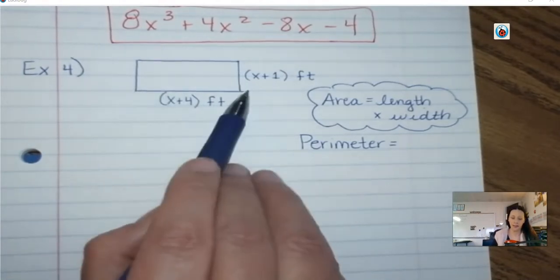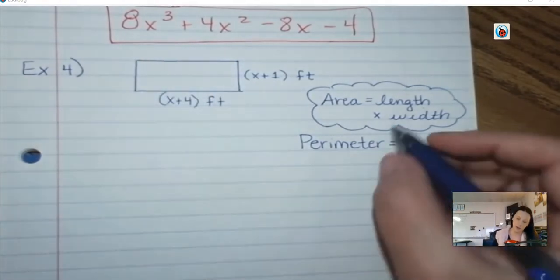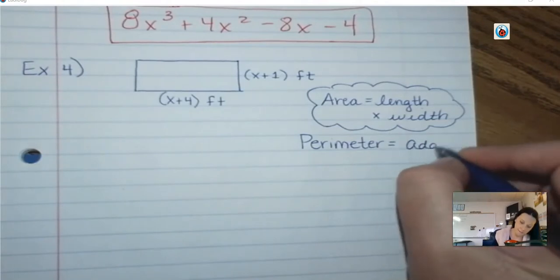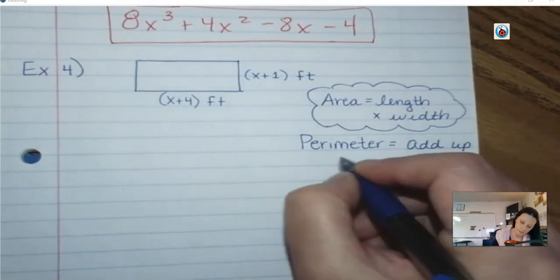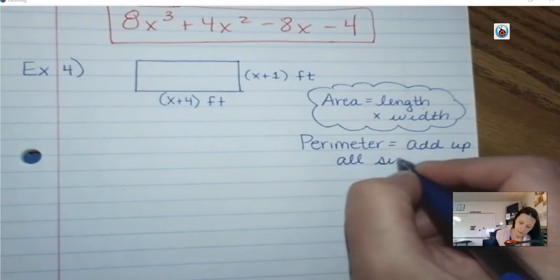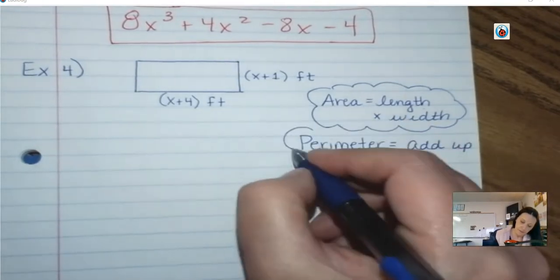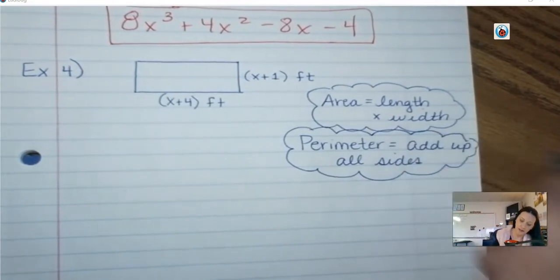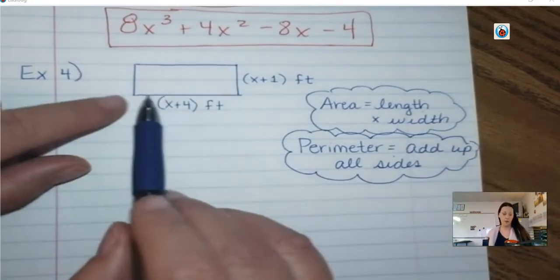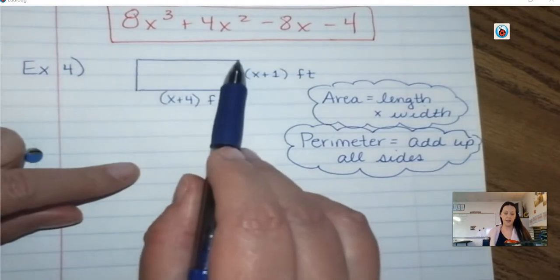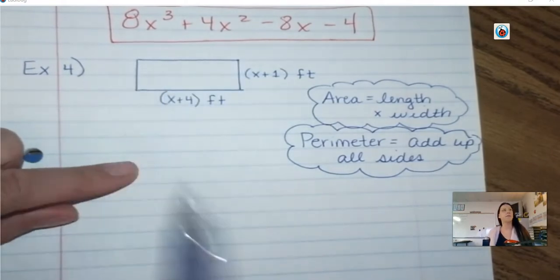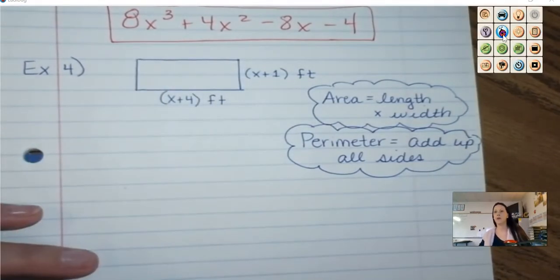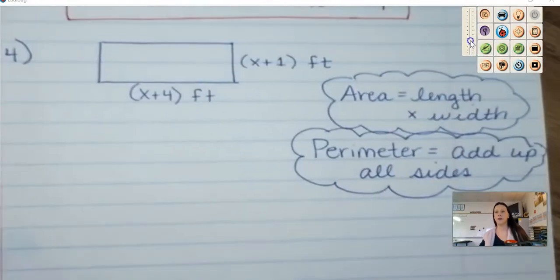Perimeter is the distance going all the way around, so you add up all sides. Be careful, make sure you read the directions to see if it asks for perimeter versus area. Perimeter would be adding up this side, plus this side, plus this side, plus this side. This question though is asking for the area.